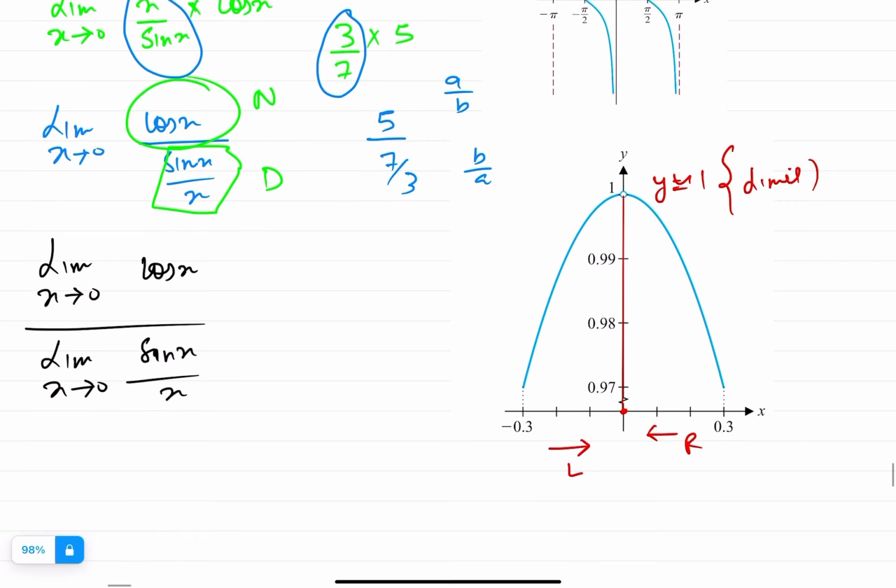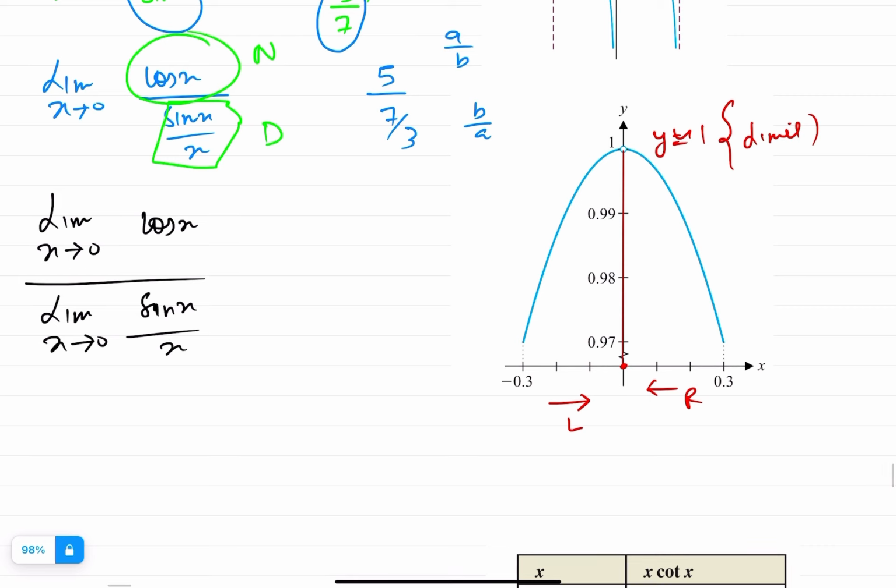We know that when we put x as 0 in cos x, or get right close to it, the output that we get is 1. We simply know that cos 0 is 1. For the numerator, the limit will be equal to 1.